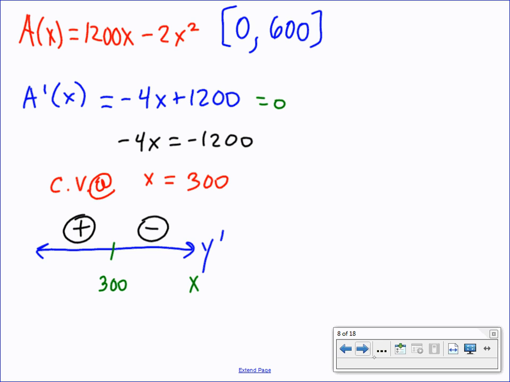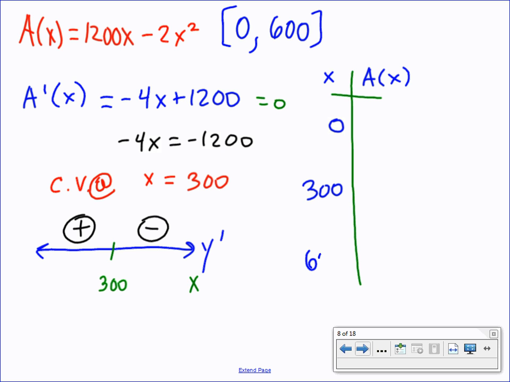To be sure, let's throw those on our A of x T-chart and compare using the closed interval method. If I decided to make that a square bracket, then I can include 0, 300, and 600 on my XY chart.